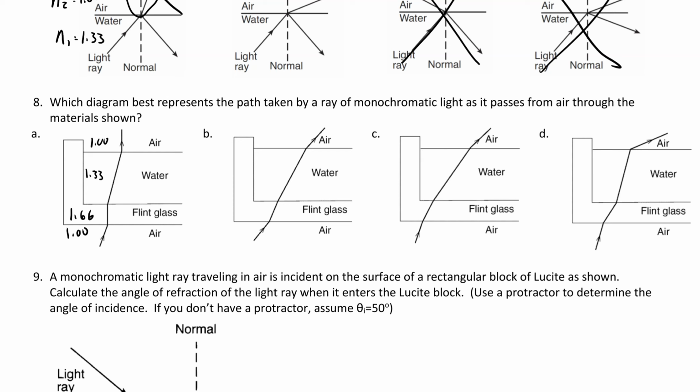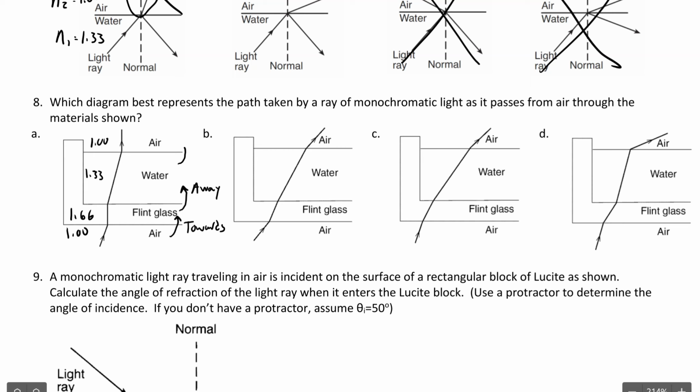So as it goes from air to flint glass, it goes to a more optically dense medium, so it should bend towards. Then as it goes from flint glass to water, it's going from 1.66 to 1.33, less optically dense, so it should go away.